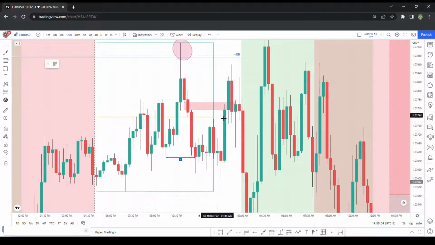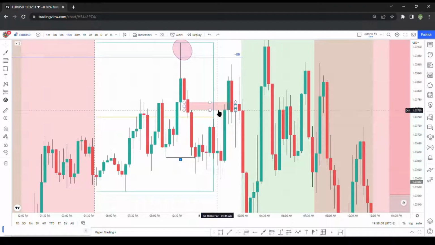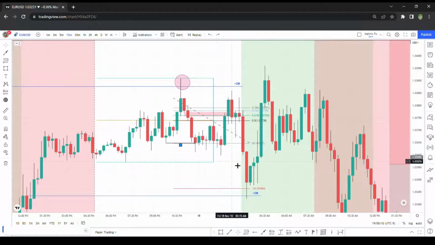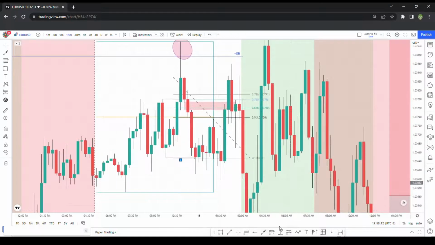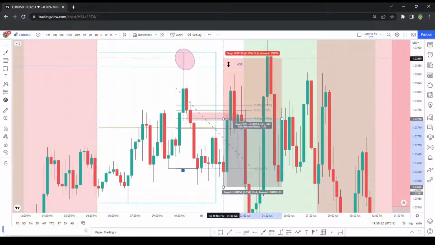So where I took my trade from, from the 61.8%, just right here, and I think it was a 10 pips stop loss.